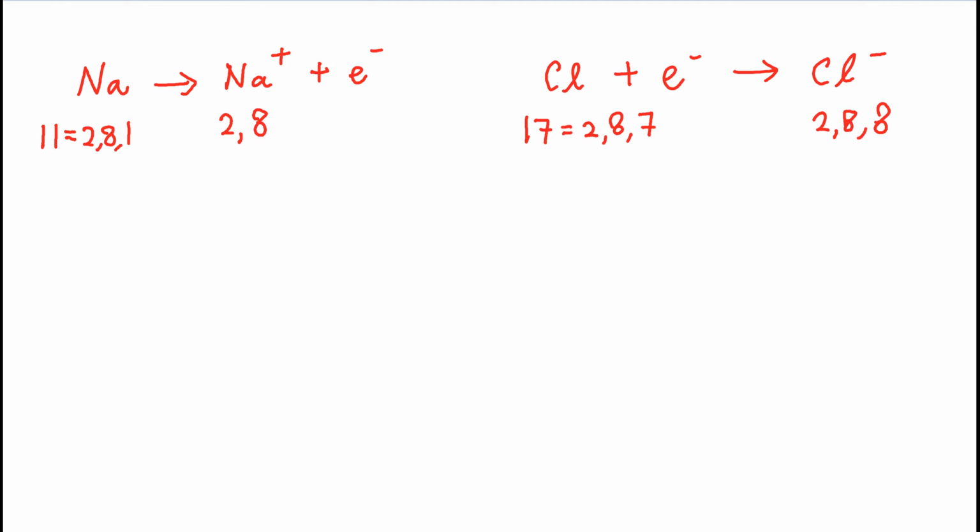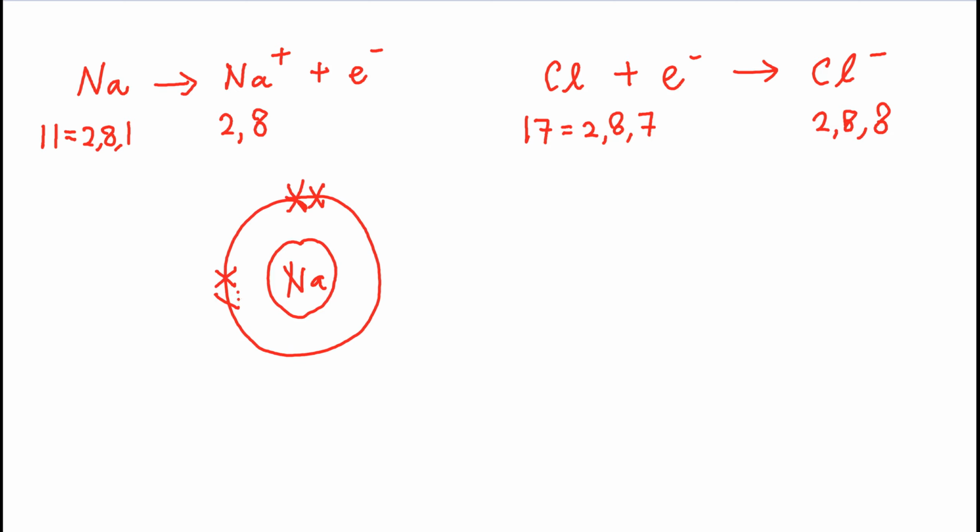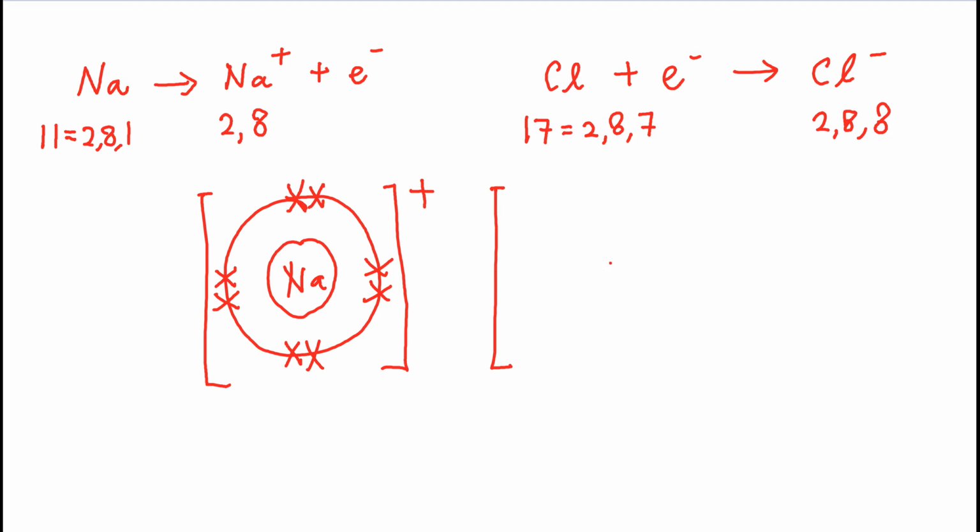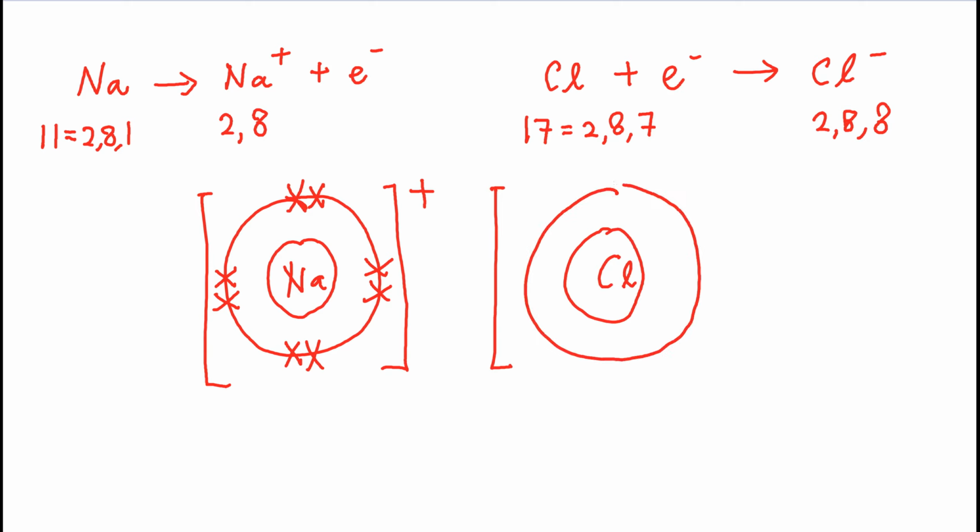In the exam, most of the time we are required to draw only the outer shell electrons. So in the case of the sodium ion, we will draw just 8 electrons in the outer shell: 1, 2, 3, 4, 5, 6, 7, and 8. Then add the square bracket to symbolize that it is an ion, and the correct charge. In the case of the chloride ion, again, we draw only the outermost shell electrons.